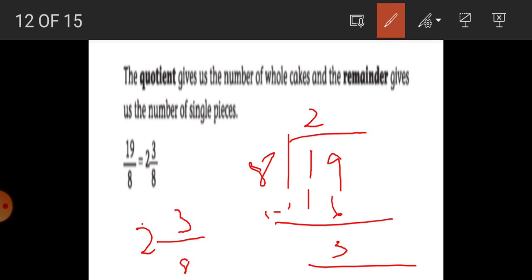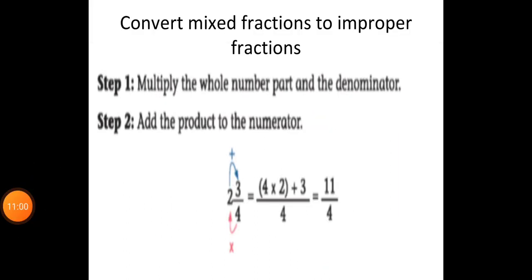Yes, they have multiplied 4 into 2 first, the denominator and the whole number. So 2 fours are 8. So 8 plus 3 is 11. So 11 by 4. In this way, you can find the improper fraction from the mixed fraction.